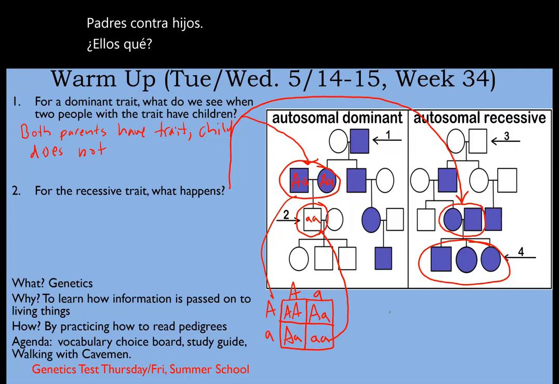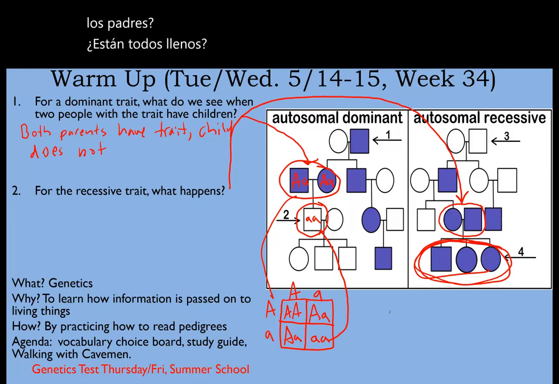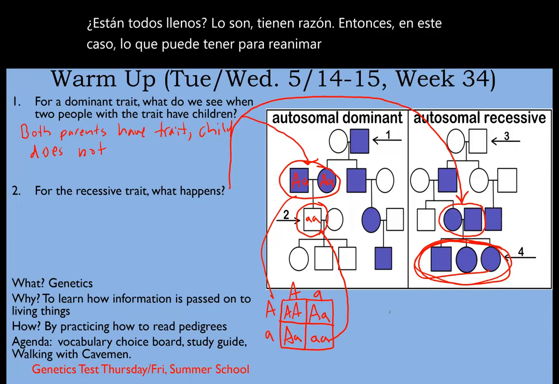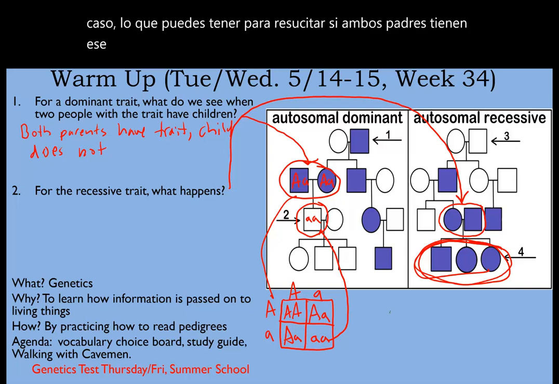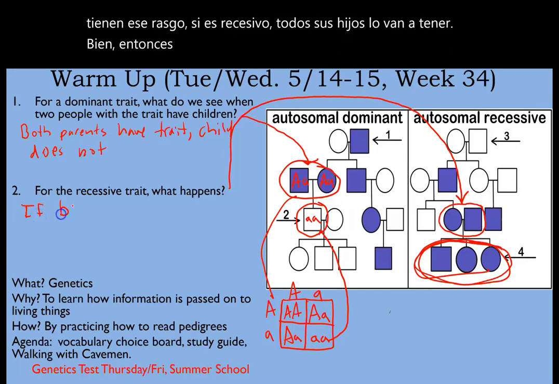Yeah, they got their parents' trait. Do all of them have the parents' trait? Are they all filled in? They are, right? So in this case, for recessive traits, if both parents have that trait, all their kids are going to have it. Okay, so write that down. And I'll show you why in a second.